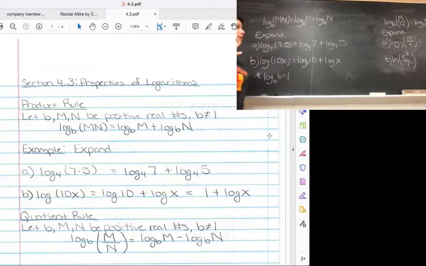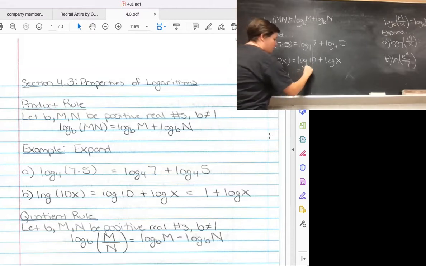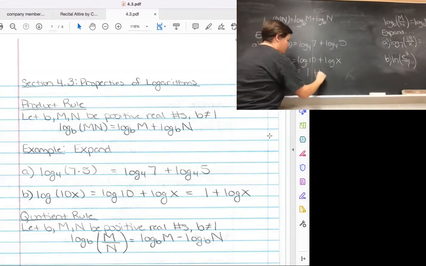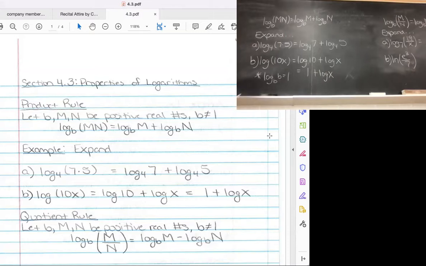While we are not computing or evaluating or solving for these, we do want to make sure that we simplify them as far as we can. So log of 10 is the same thing as saying log base 10 of 10, which is the same thing as saying 1, plus log of x. So you do want to simplify it even if we're not solving for it.